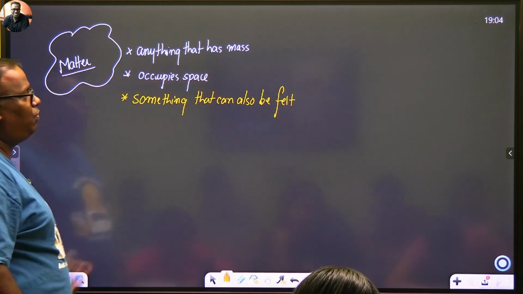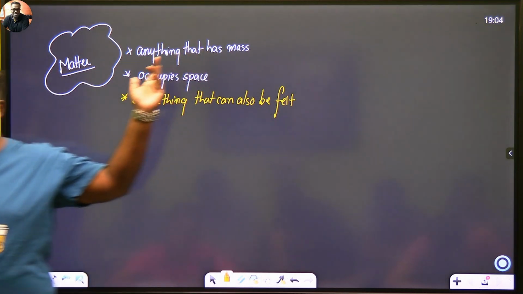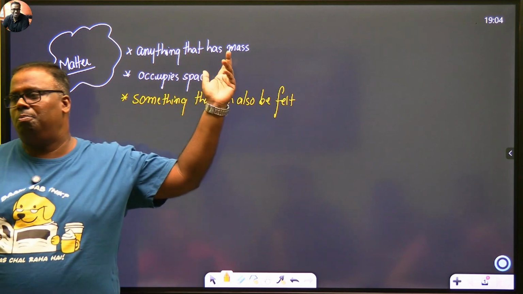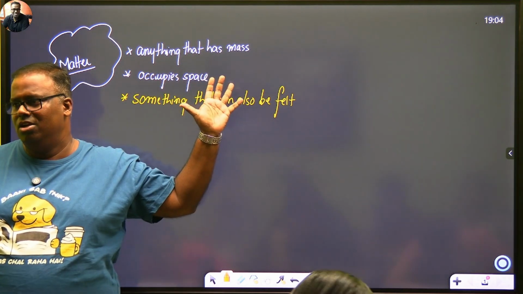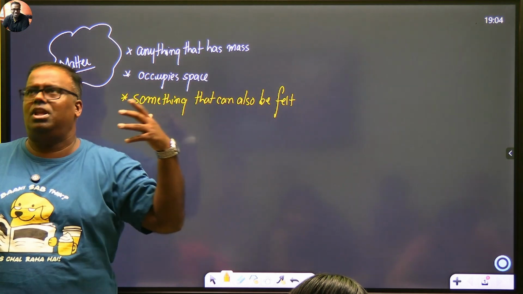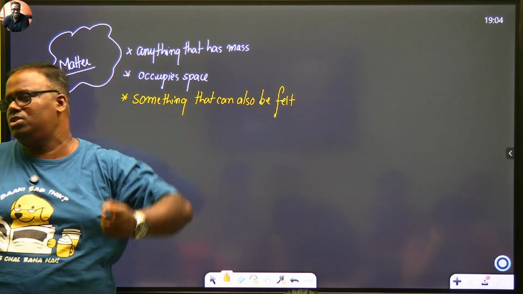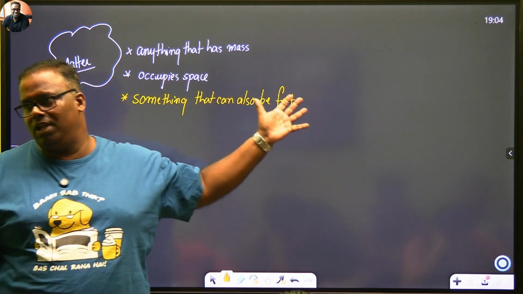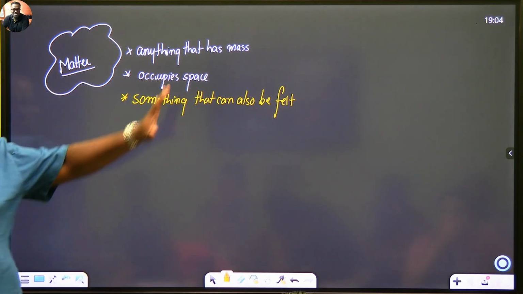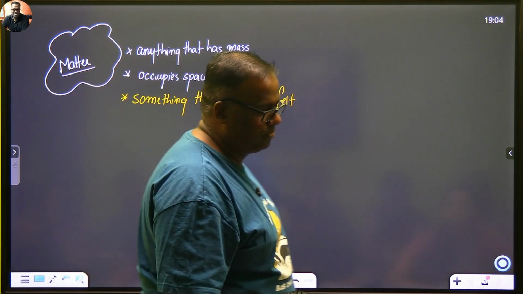The first two can classify anything like your head, your pen, or anything. But when you talk about air, air does have a mass and does occupy space, but that feeling does not come because we are unable to see it, right? So if we say something that can be felt, then this is the classical definition of matter.